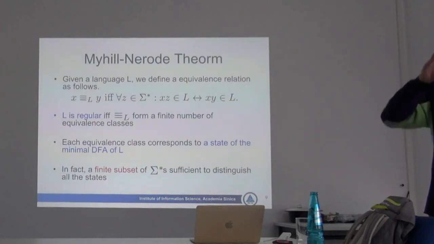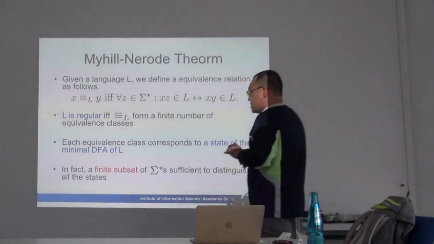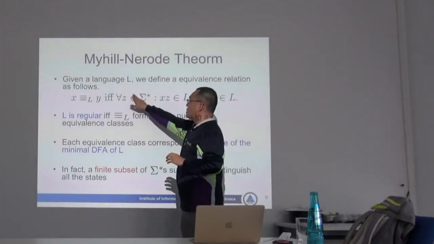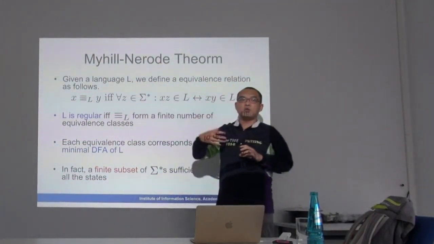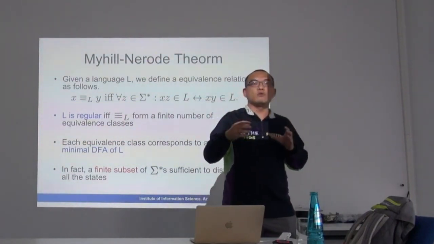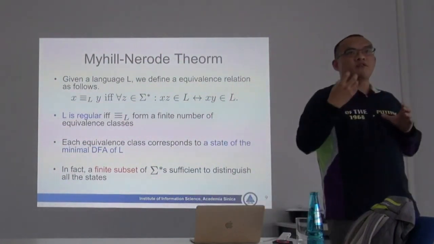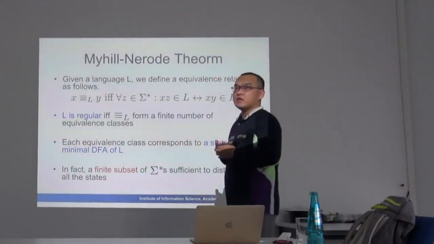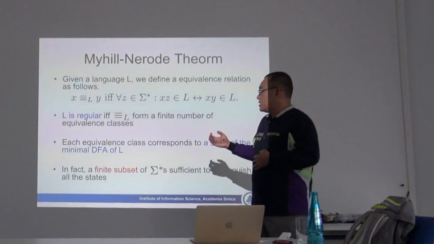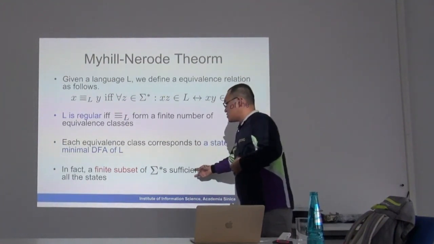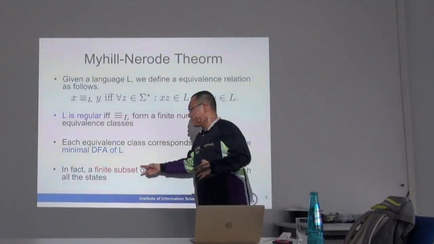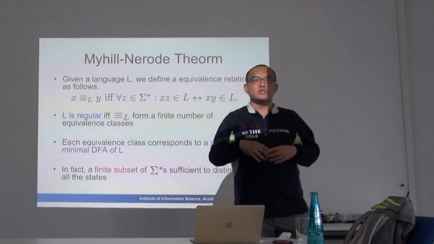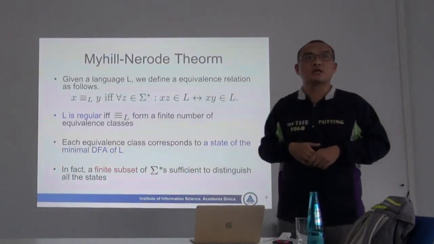You can find a suffix to distinguish them. And in fact, you don't need to try all words in sigma star. If you have n states, you only need n-1 suffixes to find out all possible states in the minimum DFA. So finding this finite set of sigma star is the objective of the L star learning algorithm.